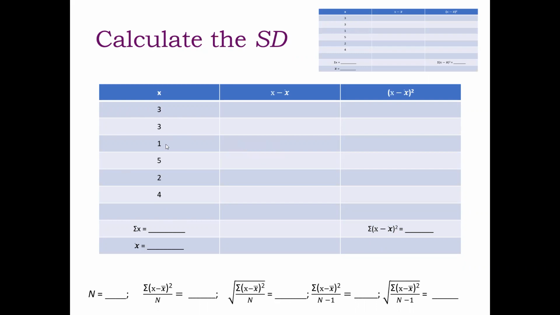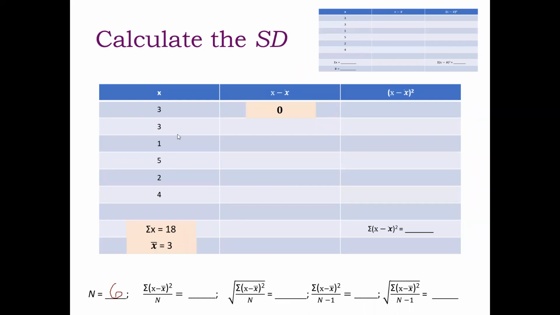All right, so here are the answers, right? So the sum of x is 18: 3 plus 3 is 6, 7 plus 7 is 14, plus 4 is 18. The mean is 3, 18 divided by 6, because n equals, let's add that there actually, n is equal to 6, right? All right.